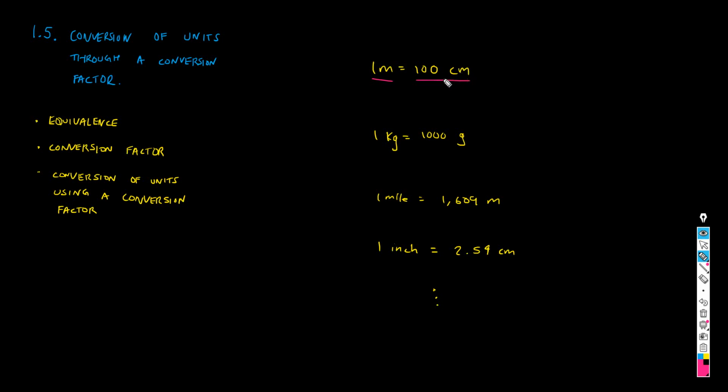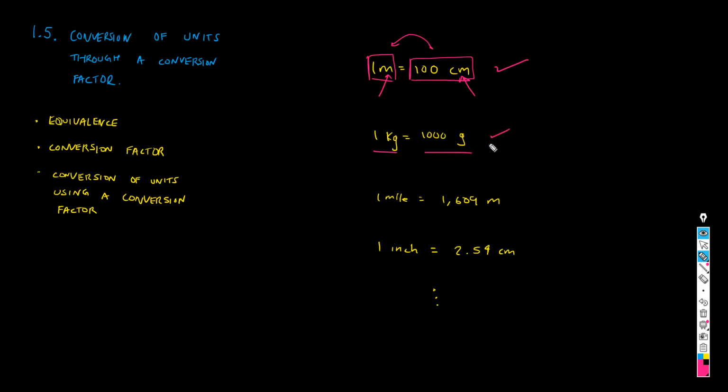Basically, an equivalence is the same quantity but expressed in different units. 1 meter and 100 centimeters are the same quantities, but they are expressed in different units, right? In here we have meters, and in here we have centimeters. So when we say that one of them is equal to the other, then we are writing down an equivalence. This is an equivalence. And the same for the rest. 1 kilogram is equal, therefore the word equivalence from equal, 1 kilogram is equal to 1,000 grams, and so on.